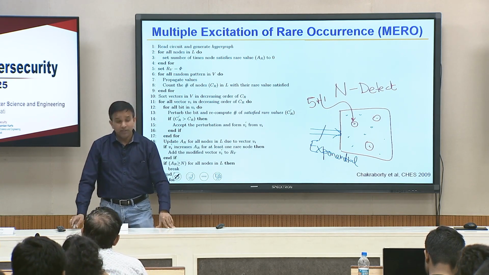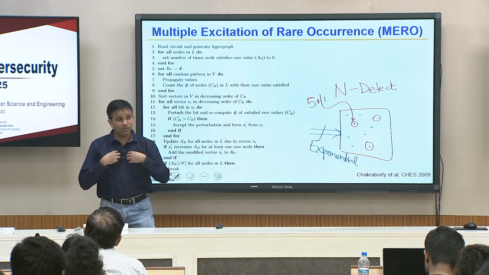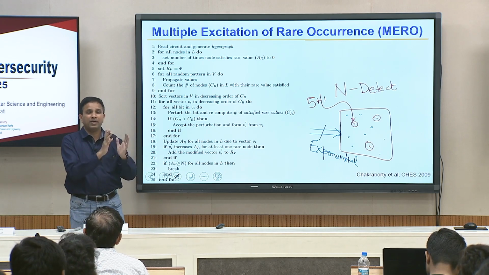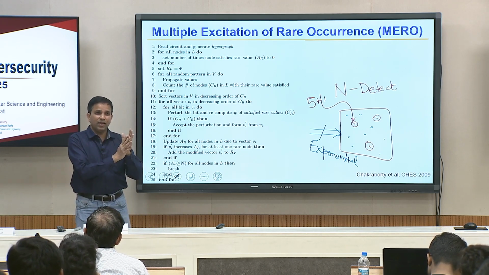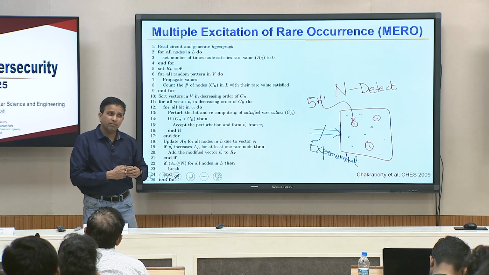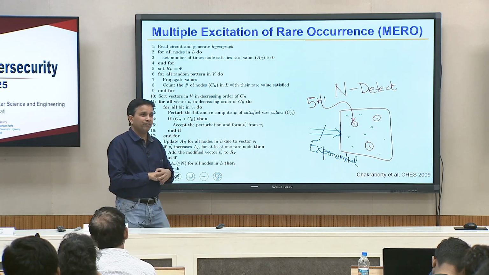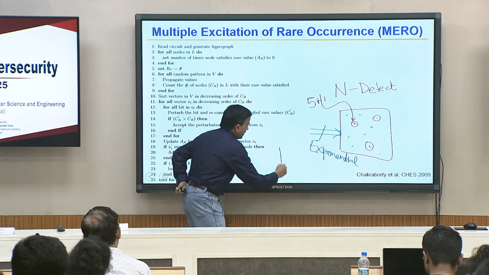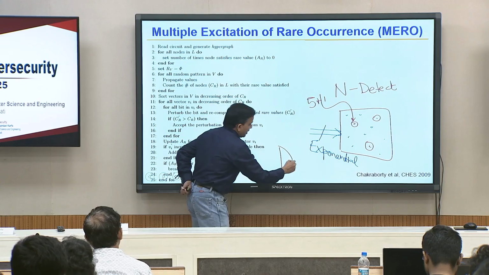Now, here is my question. Do any of you have a question? Because if you do not ask a question, I am going to ask. You run a random test and after simulation you observe who got activated. Now, what does activation mean? I need to explain that too. Let us say here is an AND gate, one of these signals is the output of an AND gate.